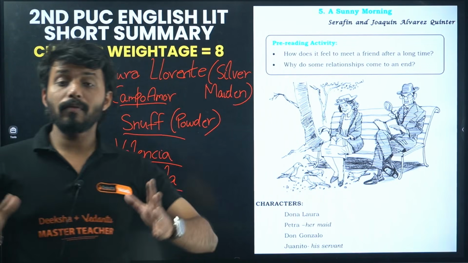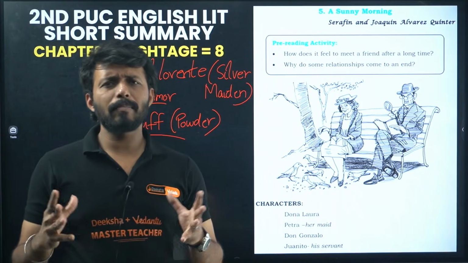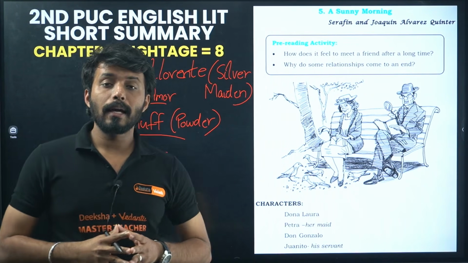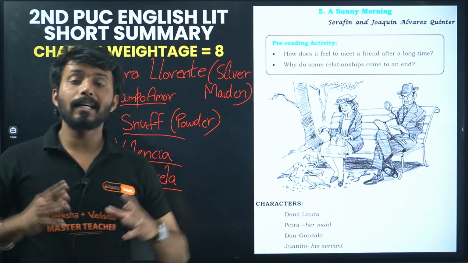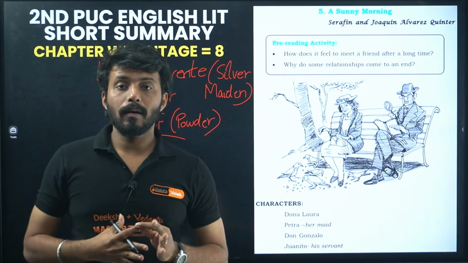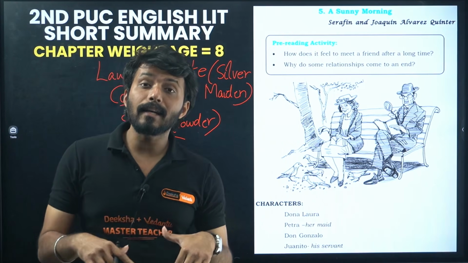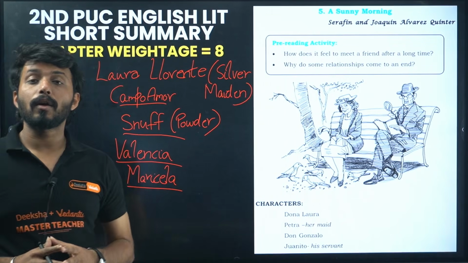So she was very beautiful in her youth, and she had so many suitors, so many people liked her. Don Gonzalo was one of them, okay? And he tells how he liked Laura Lorente, and he explains to Donna Laura about their unfinished love story. Coincidentally, Laura Lorente is none other than Donna Laura.